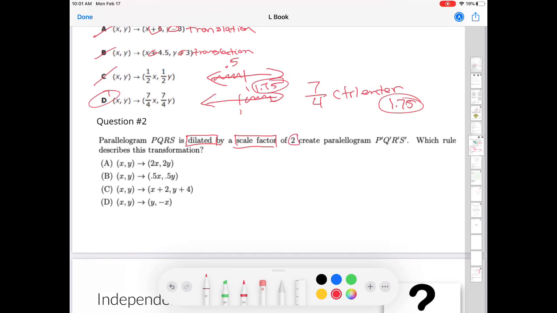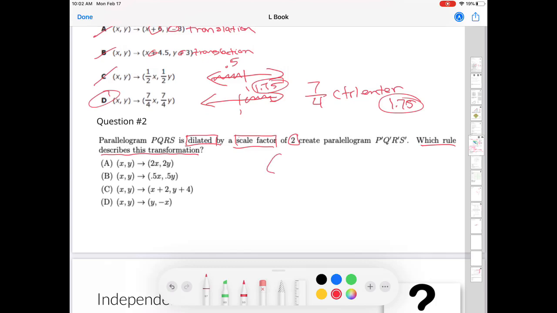Of 2. 2 is our number. Create parallelogram P prime, Q prime, R prime, S prime. Which rule describes this transformation? So again, we're looking for a rule. This is even easier. We don't even have to do anything with the images. We're just going to look at the rule.